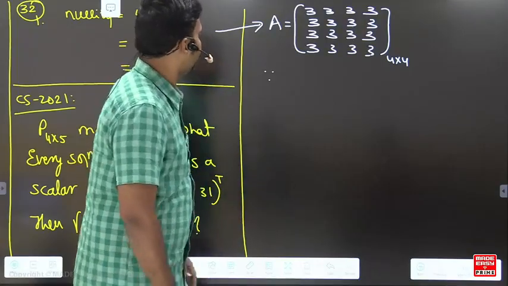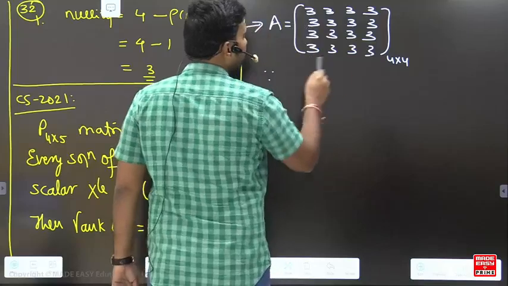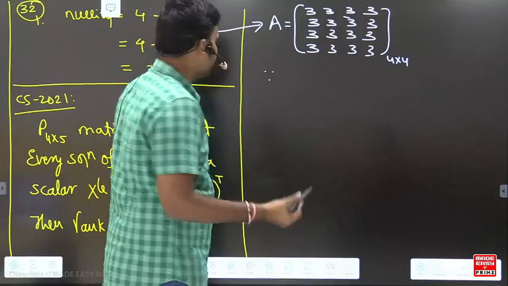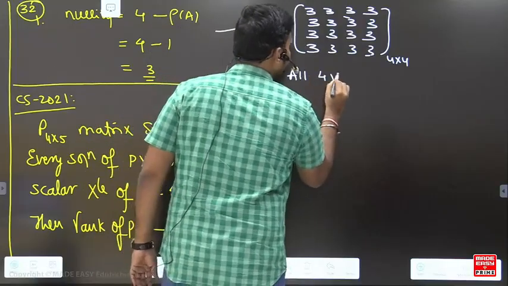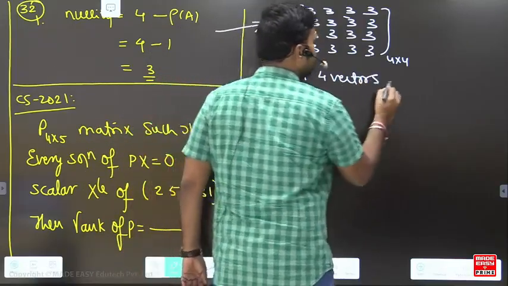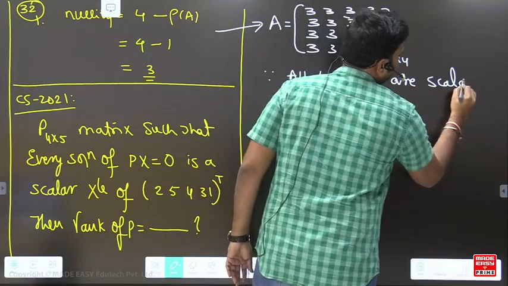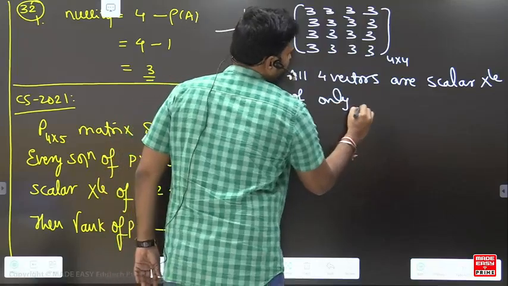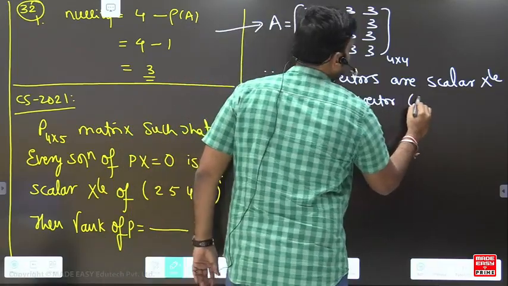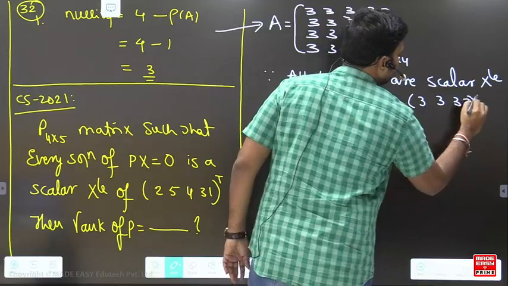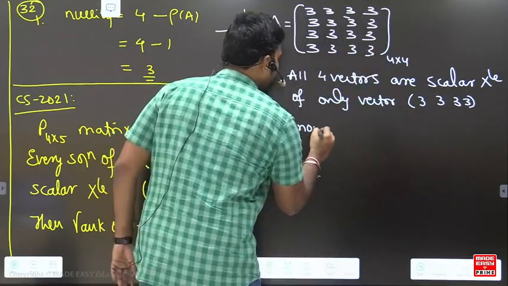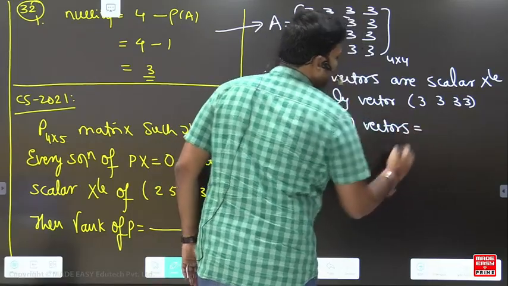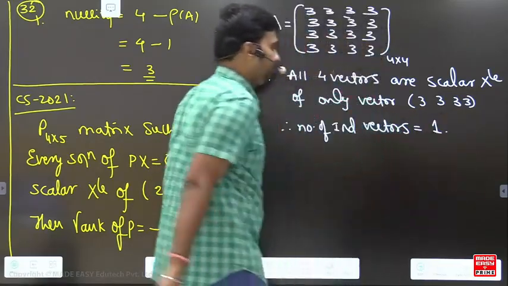Here there are 4 vectors. Since all the 4 vectors are scalar multiples of only one vector, that is (3, 3, 3, 3, 3), the number of independent vectors is equal to only 1.